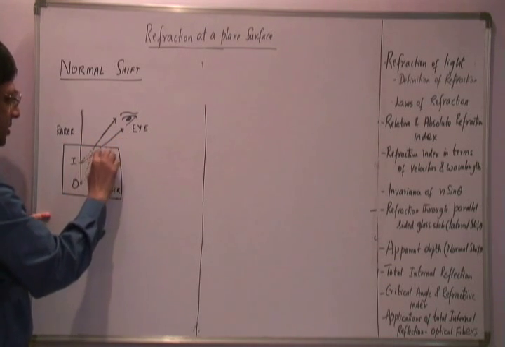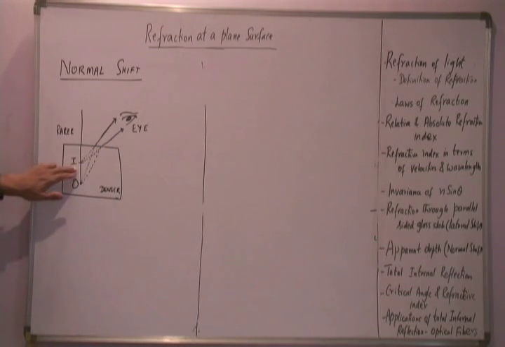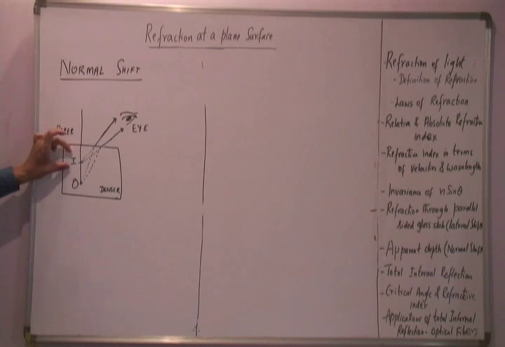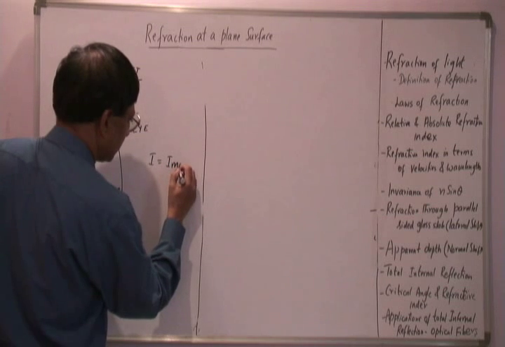If we extend these rays backward, we will find that the image is at I. That means our eyes perceive as if the image is at I. Although the object is at O, we think that the object is at I. So I is called the image here.